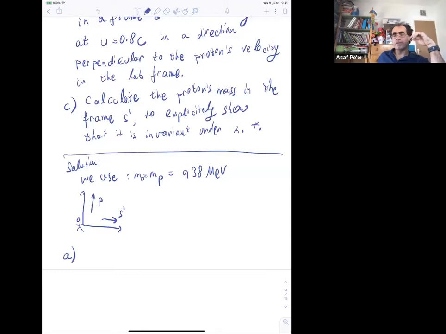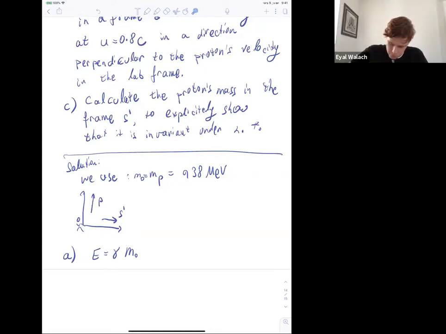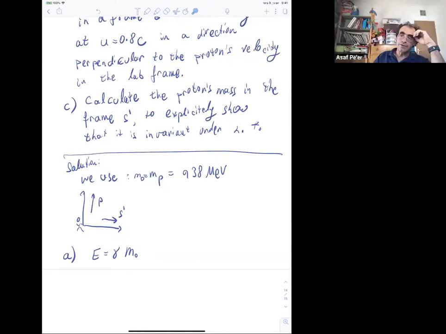Now there is no c squared because I already used the mass with units of energy. What are the units of gamma? It's dimensionless. Gamma and beta are dimensionless.